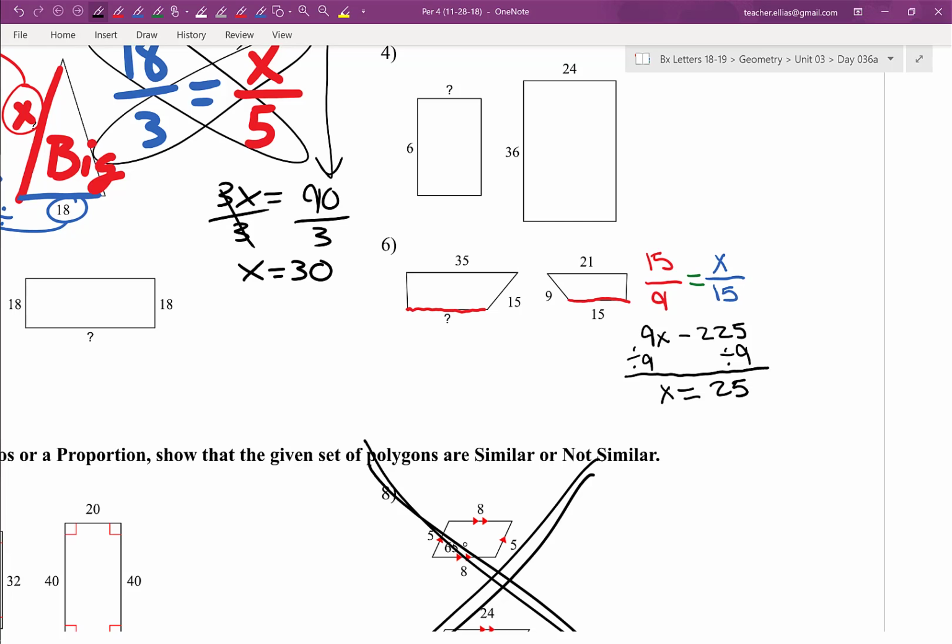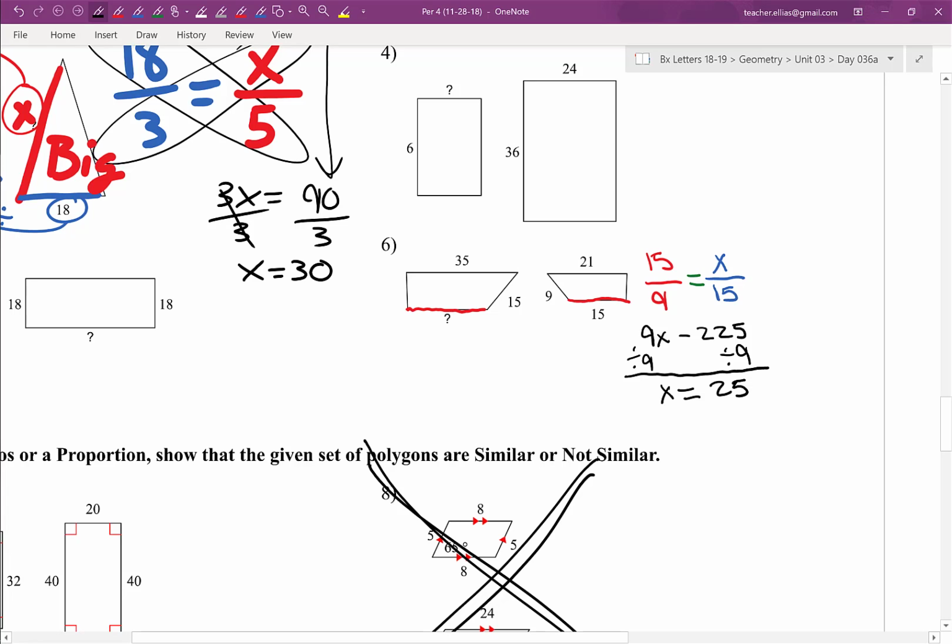Alright, can you give me the answer? 14, right?